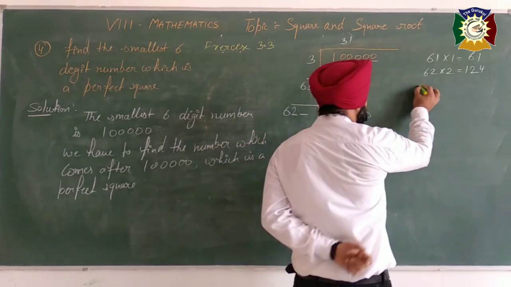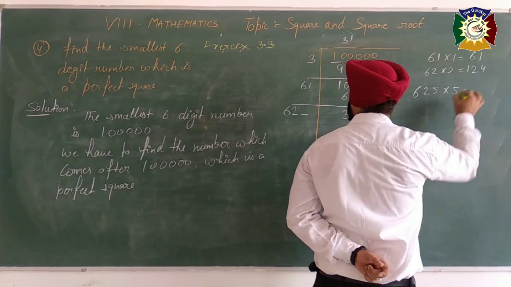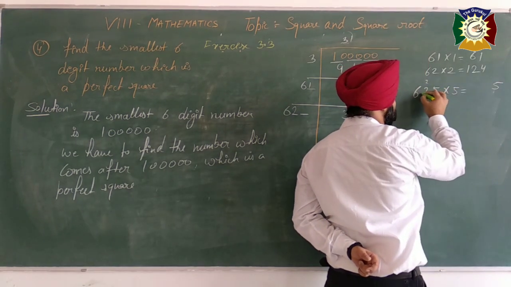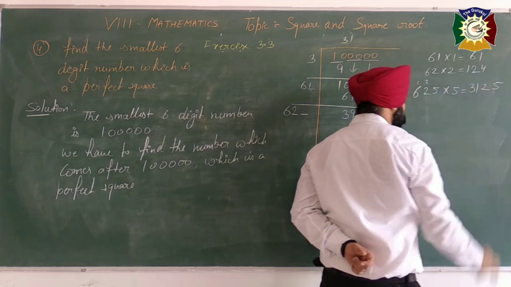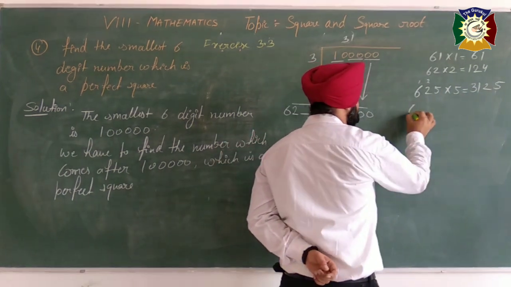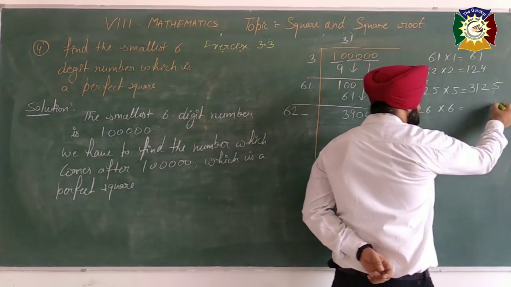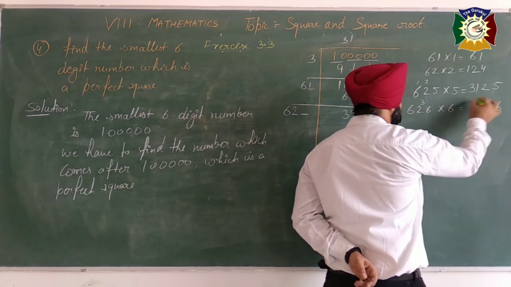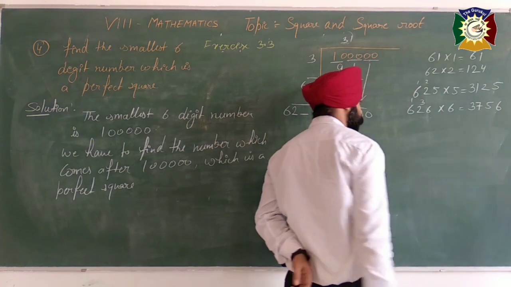So for this, if I choose 5, then multiply with 5, 5 5s are 25, 5 2s are 10, 2 12, 5 6s are 30, or 31. Now choose 6, multiply with 6, 6 6s are 36, 6 2s are 12, or 3 15, 6 6s are 36, or 37 here.